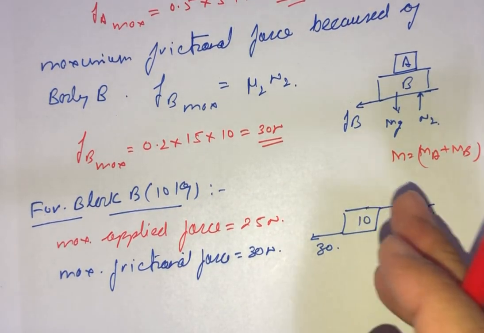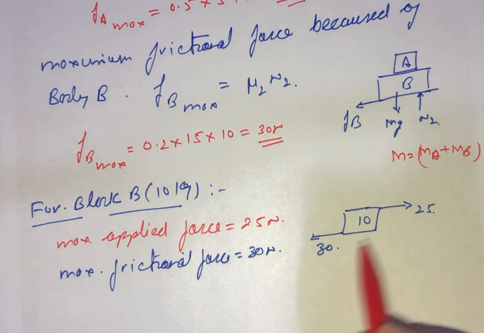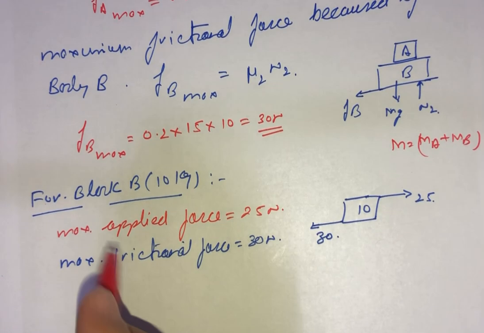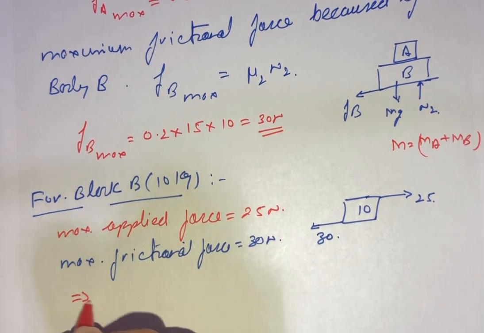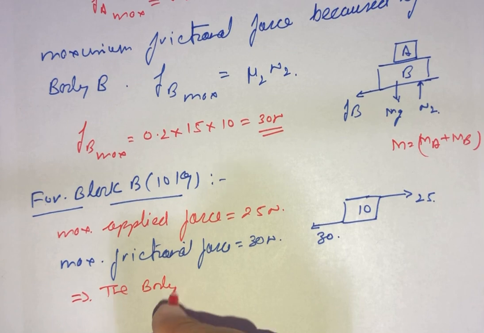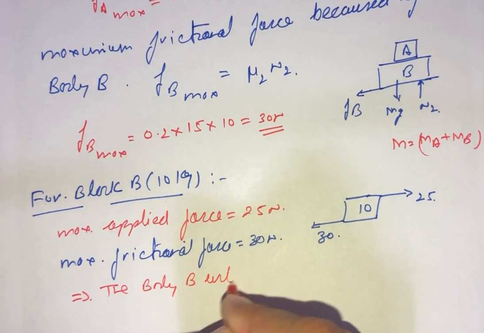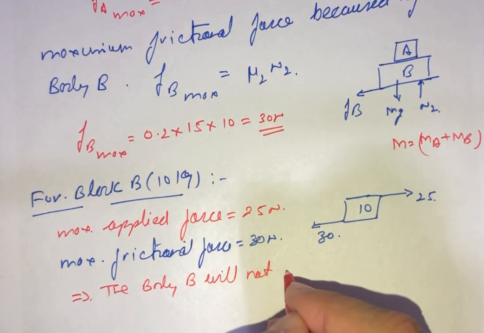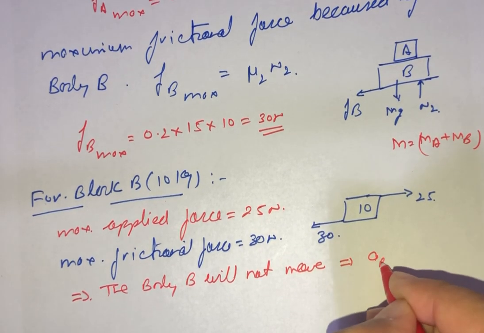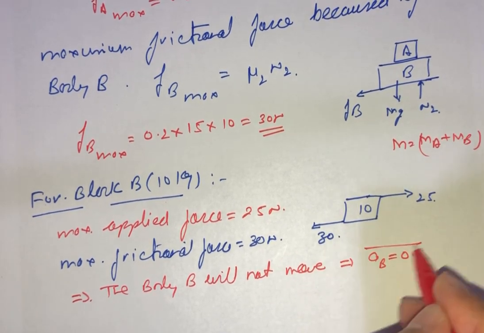So the body B will not move. It means its acceleration will be equal to 0. This implies that body B will not move, that is acceleration of B is equal to 0.